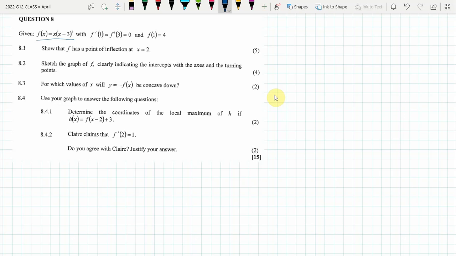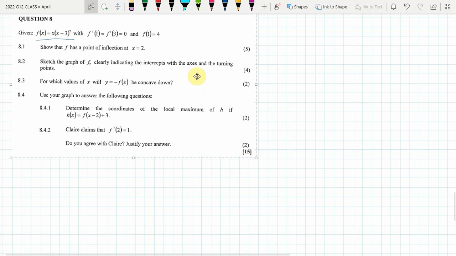Then we are further told that f at 1 equals 4. Now, 8.1 requires us to show that f has a point of inflection at x equals 2. How can we prove that the x coordinate of the point of inflection is 2?